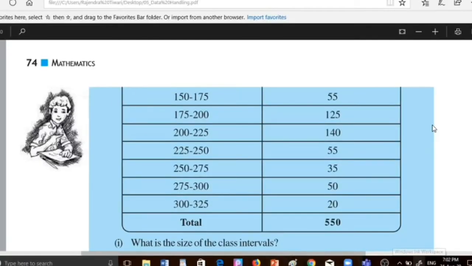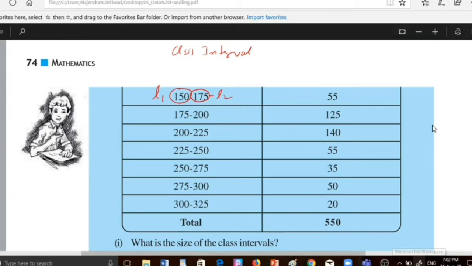Okay, I will explain some important things using this table. First, you should know what a class interval is. 150 to 175, 175 to 200, 200 to 225, these are called class intervals. Now, what is a limit? The first number of the class interval is called the lower limit, and the second number is the upper limit.